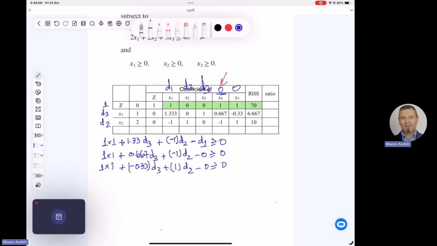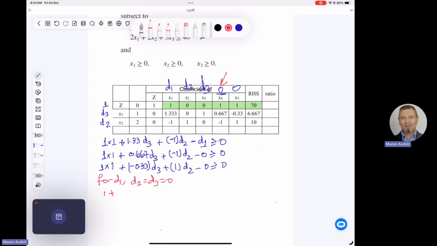Now let's start with d1. Okay, so when we're solving for D1, right away we set what? D2 equals D3 equals 0. So now let's take the first equation. We have 1 plus 1.33 times D3, which is 0, plus negative 1 times D2, which is also 0.